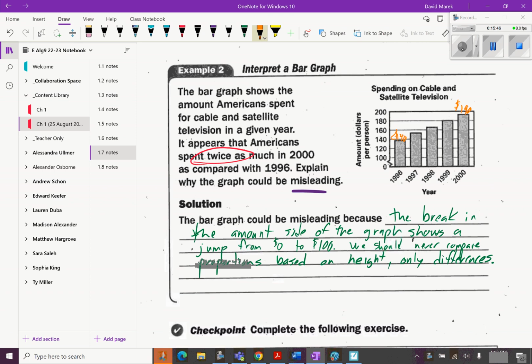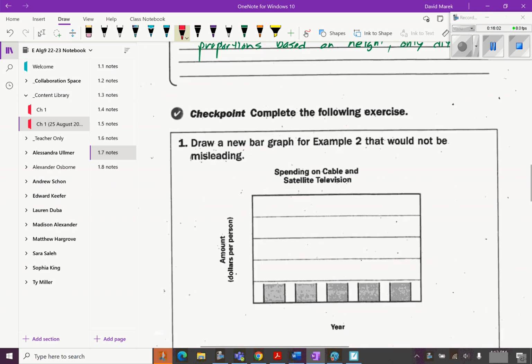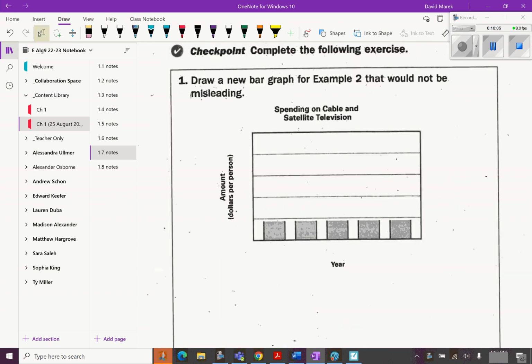But if you look at those actual numbers that are represented from the height, saying twice as much, no, that's clearly not true. 190 is not twice as much as 140. All right.